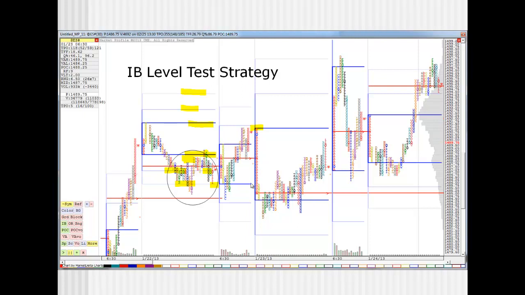Now, one of the nice things about this strategy is identifying the risk management parameters is very easy, because when we have two consecutive failed tests, right away we know that we can put our stop loss right at the initial balance low if we are in fact going to take a short.